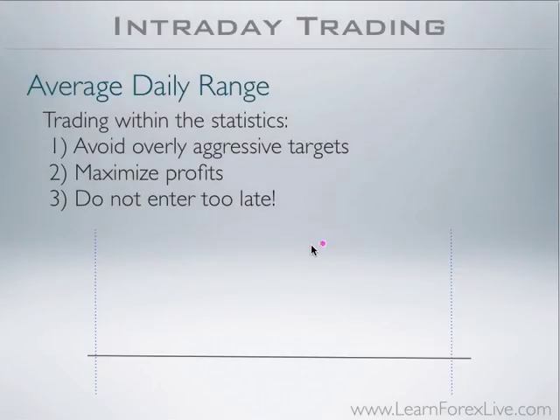Now, before I said that there was indeed a third benefit of using the average daily range as an intraday trader, all right? And that's to avoid entering the trade too late. These two benefits are related to the profit-taking level. This benefit here is related to the actual entry level, okay? And again, it's going to help us avoid entering the trade too late.